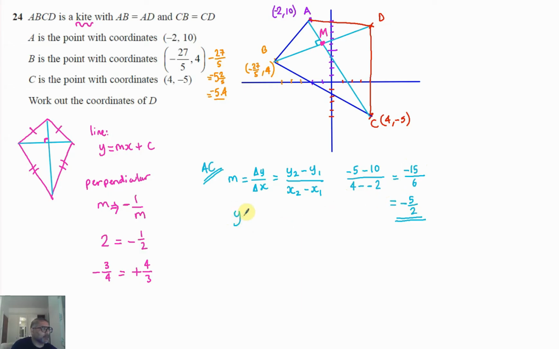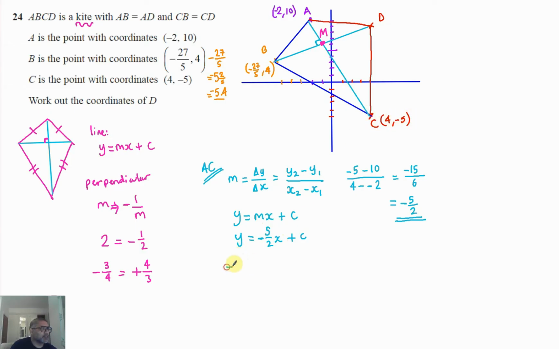I know it's going to have the equation y equals mx plus c. I know what the gradient is. It's -5 over 2 x plus some c that we don't know. I can substitute either A or C in, it doesn't matter which one. Let's plug C in.